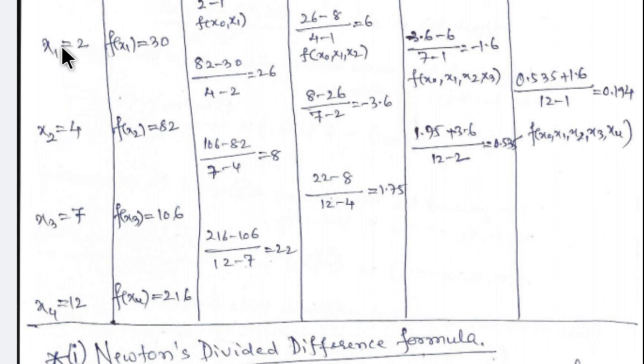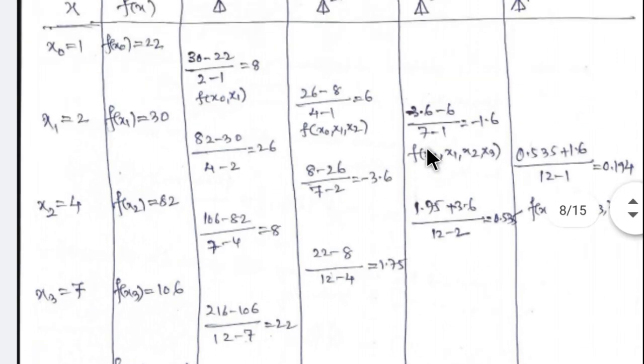This can be written as f of x1, x2, x3, and it gives minus 3.6. Similarly, the last one, 22 minus 8 divided by x4 minus x2, 12 minus 4, gives 1.75. This is the second order.